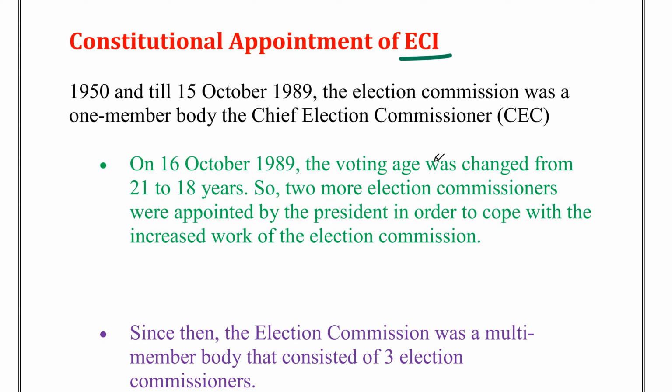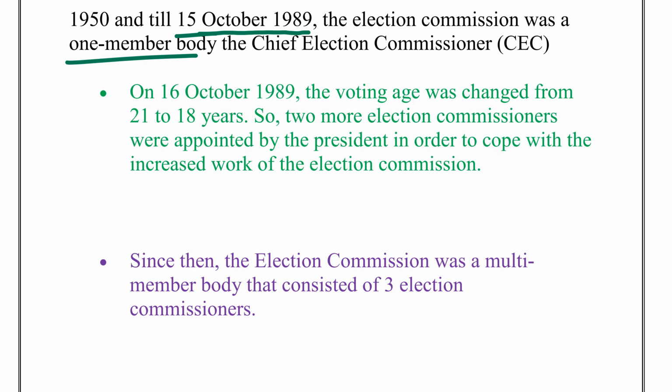Regarding the Election Commission of India, till 1989 the Election Commission was a 1-member body. Now it is a 3-member body: the Chief Election Commissioner and 2 other commissioners. From 1989, the Election Commission became a multi-member body with 3 election commissioners.